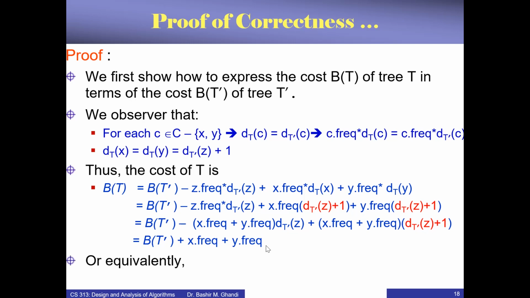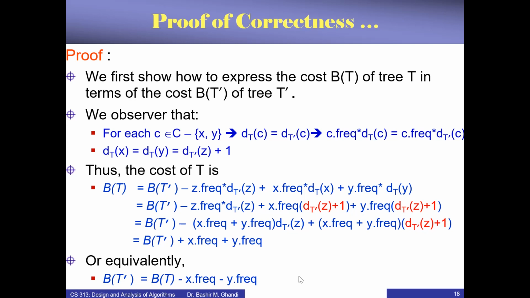Equivalently, we can say therefore the cost of the smaller tree BT prime will be equal to BT, the cost of the bigger tree, minus x dot freq minus y dot freq. Okay, let's take note of this. We're going to need it in the next slide.